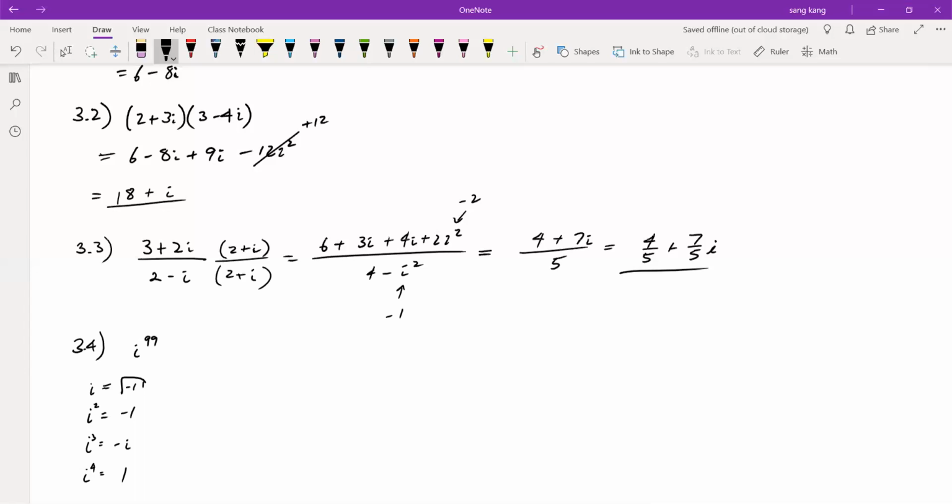Essentially what we want to do is divide 4 into 99 and see what the remainder is, because every 4, we get 1 back. If we do this, we get 24, remainder 3. So this is equivalent to i cubed, which is negative i. So there's my final answer.